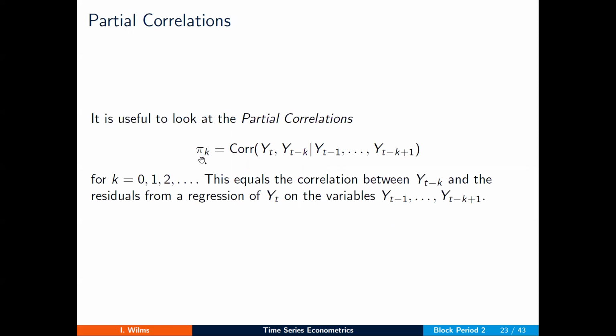Well, the partial autocorrelation at lag k looks at the correlation between y at time point t and y at time point t minus k, conditional on, so holding fixed, all observations in between. Intuitively, this is the correlation between y_t and y_{t-k} that is left after filtering out the effect of all other observations that fall in between.